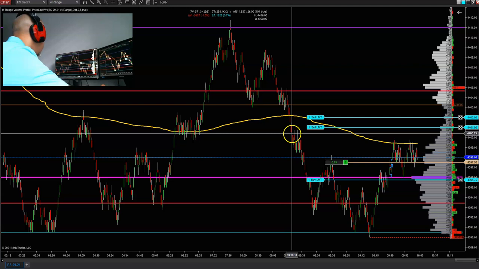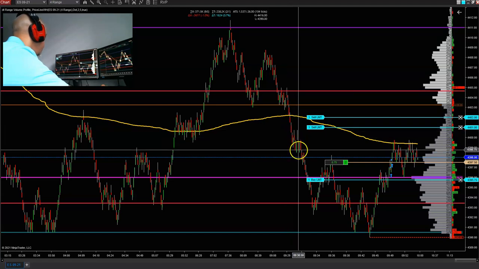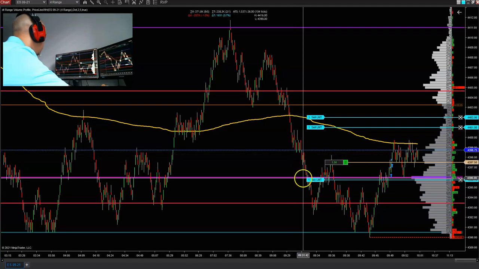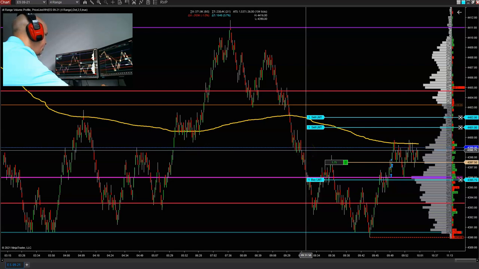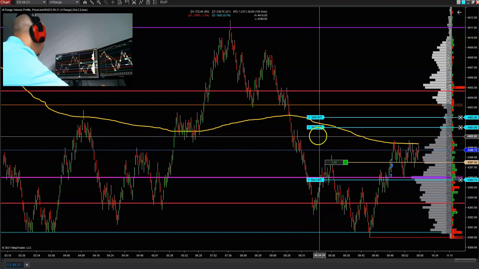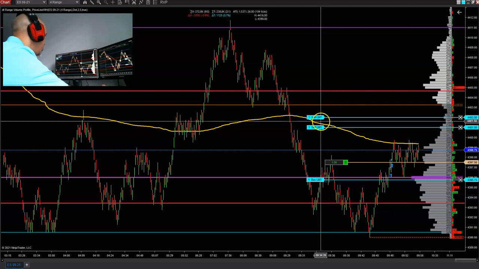Yeah, it's got some areas that it needs to really push through. It's going to have to break this area here at 43.98, break through 43.99, and really push strong to the upside and fill our order where our profit targets are.